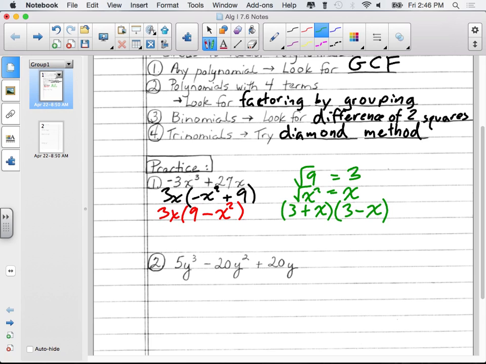One's addition, one's subtraction. Now we just bring everything down. We still have that 3x out in front. 3 plus x, 3 minus x.